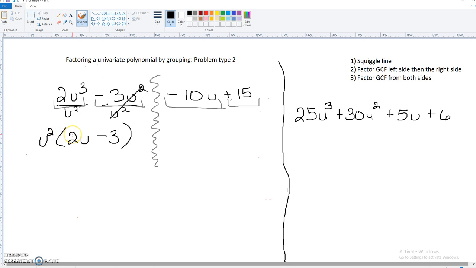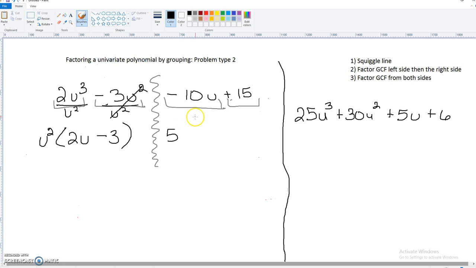Now we're going to go to the right side, and we're going to see what we can factor out of here. Now, out of -10 and 15, we can take out a 5. Now, I want to let you know right now, I'm making a mistake on purpose, because I need you to see what happens when you make this mistake.